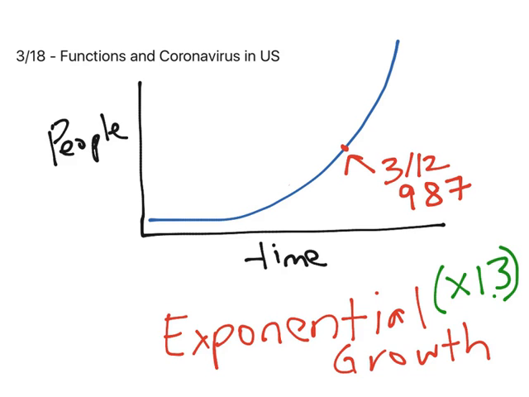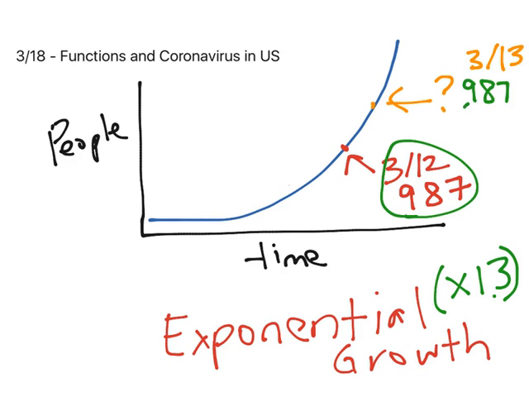So on March 12th, 987. To figure out how many people have the disease on the next day, March 13th, we can multiply our number 987 by our exponential growth factor 1.3.